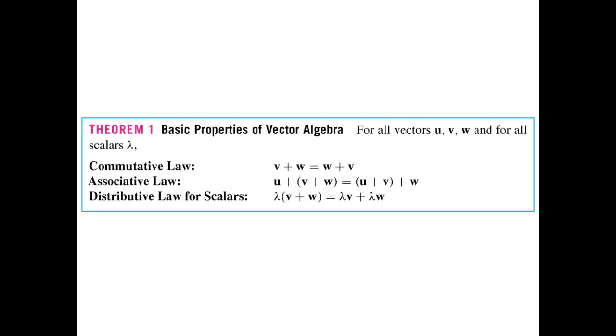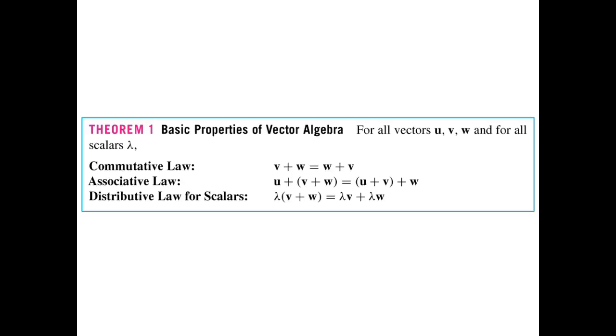Distributive law for scalars. Okay? I can remember, the linear algebra book or one of them, they don't put the for scalars in. They just say it's a distributive law. I like that this one does for scalars. Lambda times the sum of V plus W. For a scalar outside a vector sum, you can distribute the scalar within.